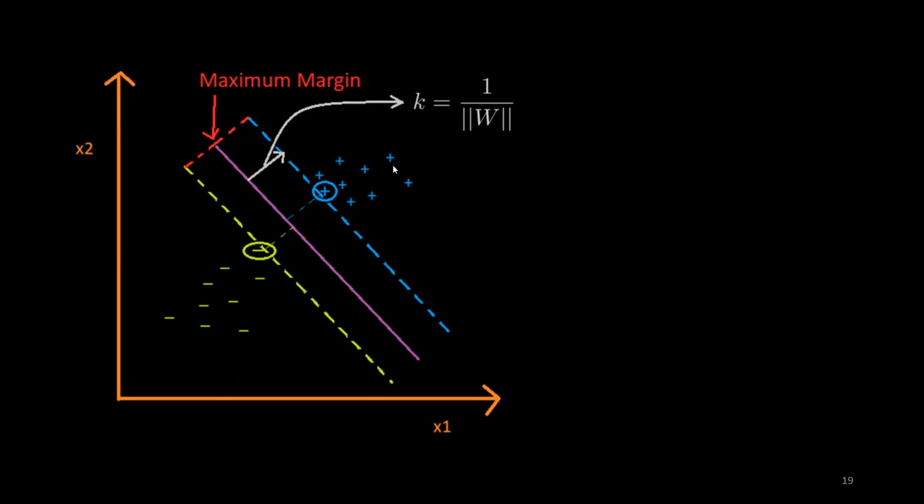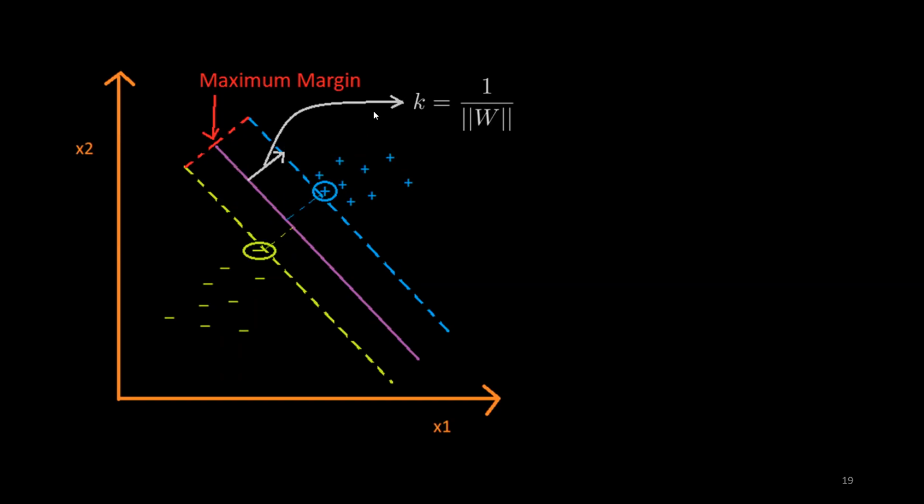In that case, the maximum margin will increase. So increasing the value of k means increasing the maximum margin. If the maximum margin is increased, it means the support vector machine becomes a hard classifier, and it will be hard for any data point that is present on the decision boundary to be classified as a positive class. In that case, this support vector becomes further away from this decision boundary.